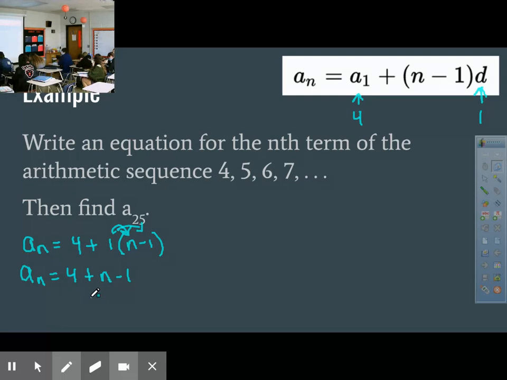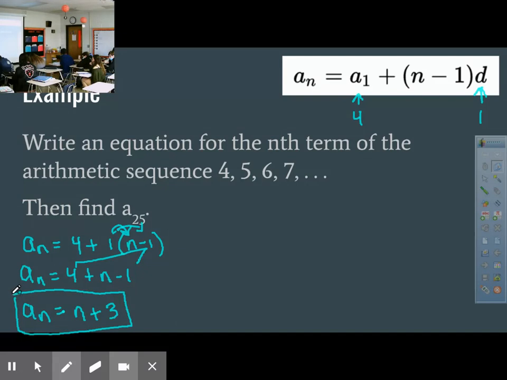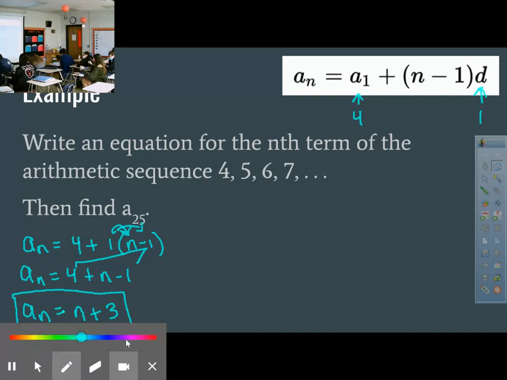Now you combine your like terms. You would combine the 4 and the negative 1. That's 3. So you'd have a sub n equals n plus 3, or 3 plus n, whichever way you like to write it. So that's my equation. Now they want me to find a of 25. So how am I going to do that?